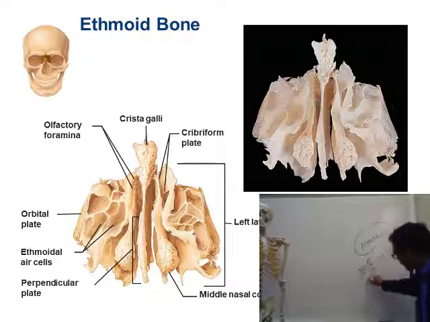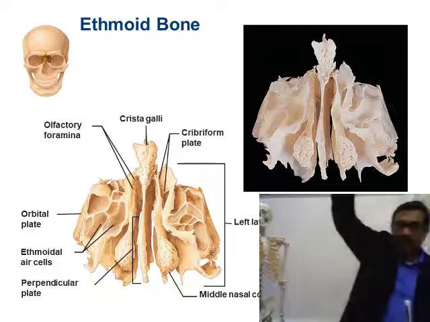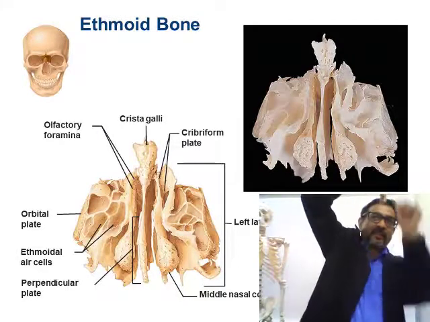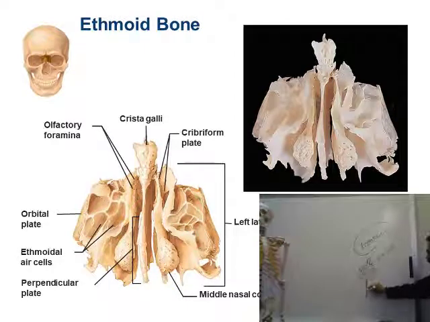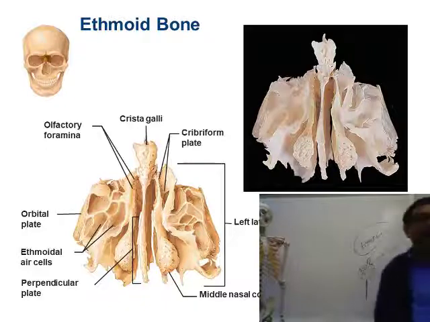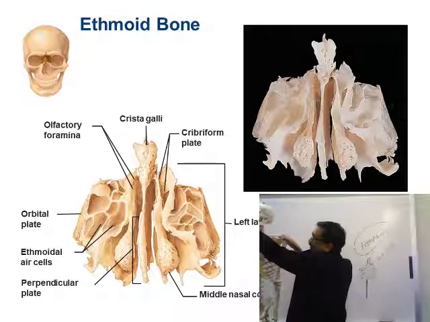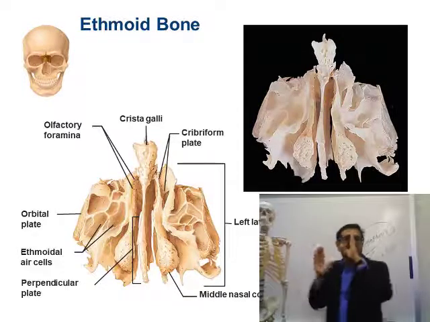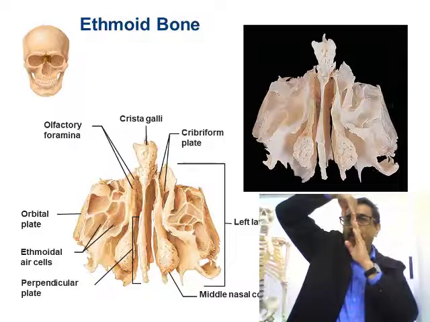And then the lower part is like a flat plate of bone going downwards, straight like this, and that is called the perpendicular plate of ethmoid. That part you can see inside the nose. This plate goes inside the nasal cavity and forms the upper part of the nasal septum.